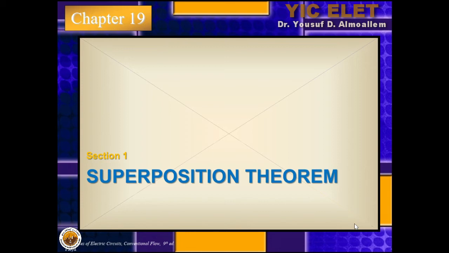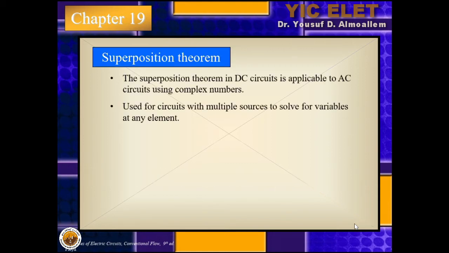With this introduction, we will be able to start the first section in this chapter, which is talking about the superposition theorem. The superposition theorem in DC circuits, as we've seen before, is really applicable to AC circuits using complex numbers.